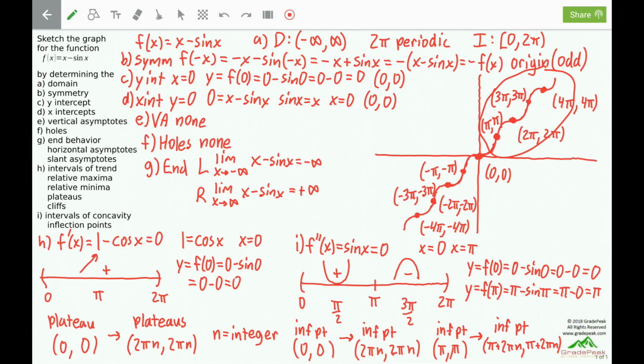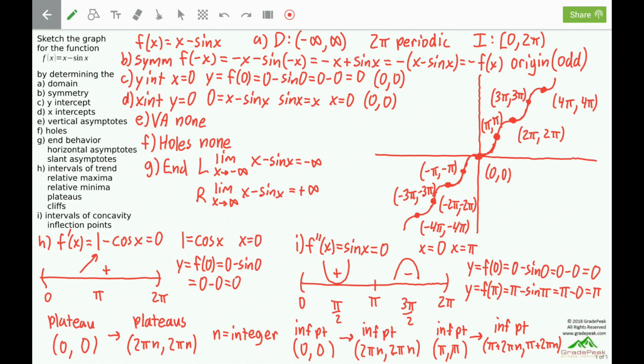So it is following that origin or odd symmetry. Also notice that it does have the left end behavior of negative infinity and the right end behavior of positive infinity, so it is following the end behaviors that it should be. So everything is checking out here.